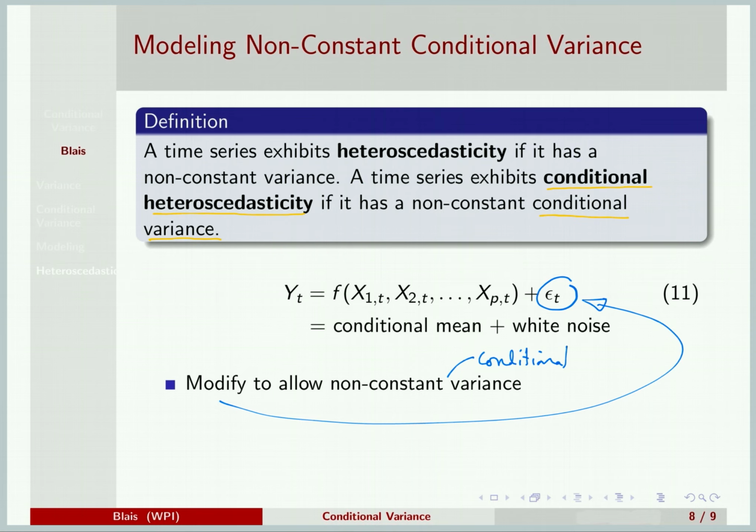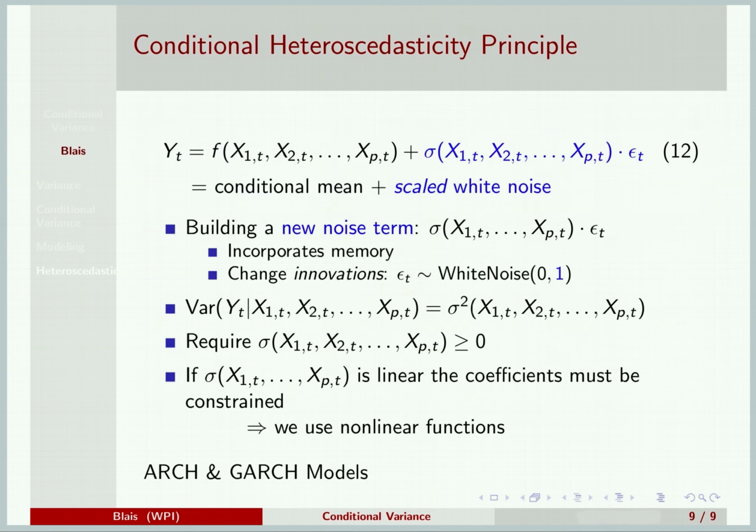We can introduce an entire class of models, all of which are focused on building a new noise term. The basic mechanism we're going to use for that is to scale it. First, we change our noise terms a bit and make them white noise (0,1), or a standard white noise.